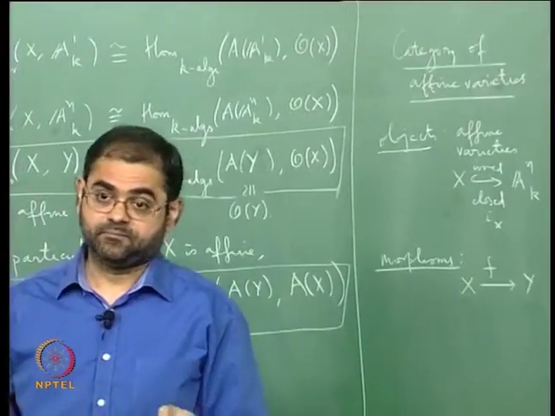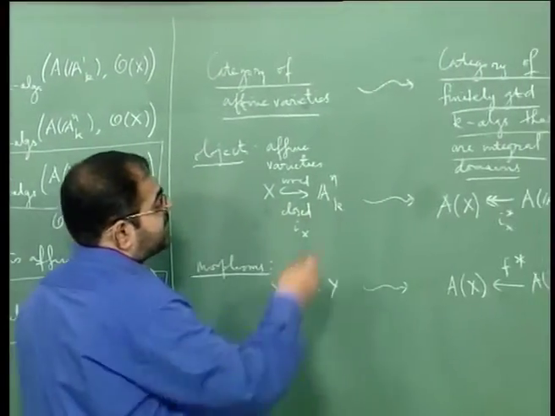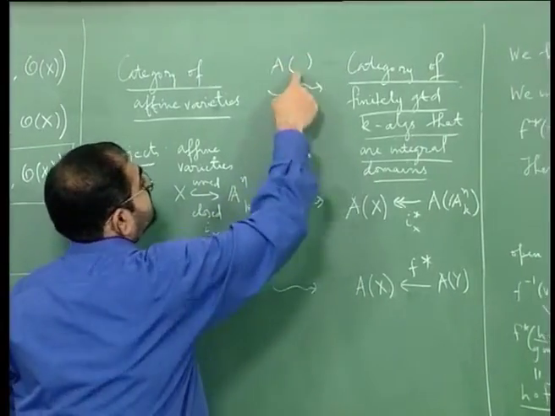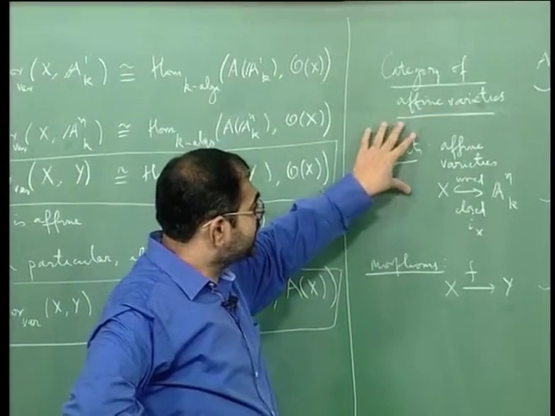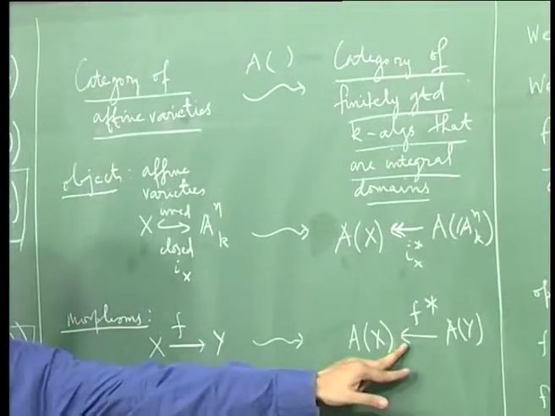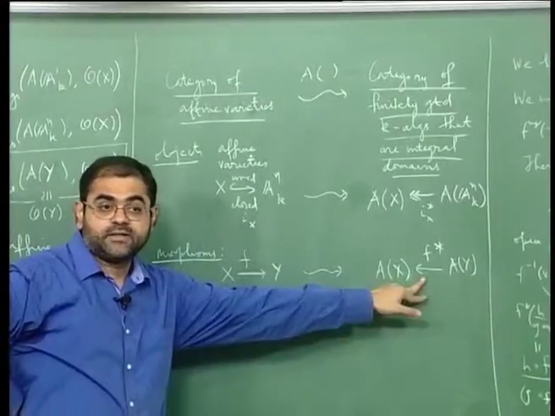They are k-linear. And the fact is that A is a functor, because not only does it associate an object to an object, but it associates a morphism to a morphism. To every morphism of varieties you get an associated k-algebra homomorphism.